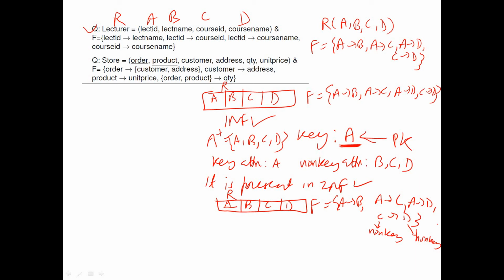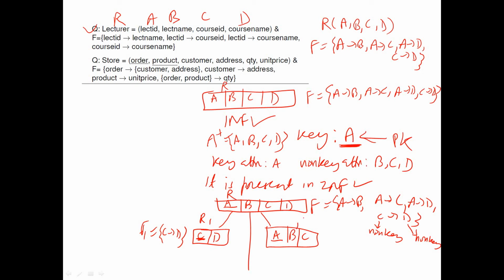So to resolve this, I'll go for creating a new table for CD, that is C to D, where C is the primary key. Let it be called R1. My F1 contains C to D, and on the other side I'll find the table A, B, C, because D will be removed.